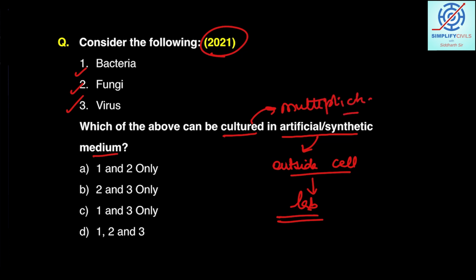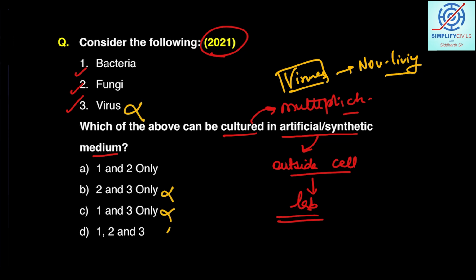Can you multiply a virus outside the body? I have told you many times that viruses are non-living outside the host cell, outside the living cell. So if they are non-living outside the cell, they cannot be multiplied. So C cannot be the answer, and this is how you can eliminate the options, and the answer to the question is A. We can culture bacteria, we can culture fungus, but we cannot culture viruses.